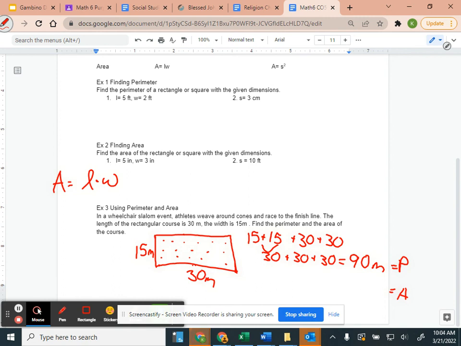So my area would be 15 meters times 30 meters equals what? 450. 450 inches squared, or whatever the meters. Yes, meters squared. So remember, it's important that we put our measurement, meters squared.